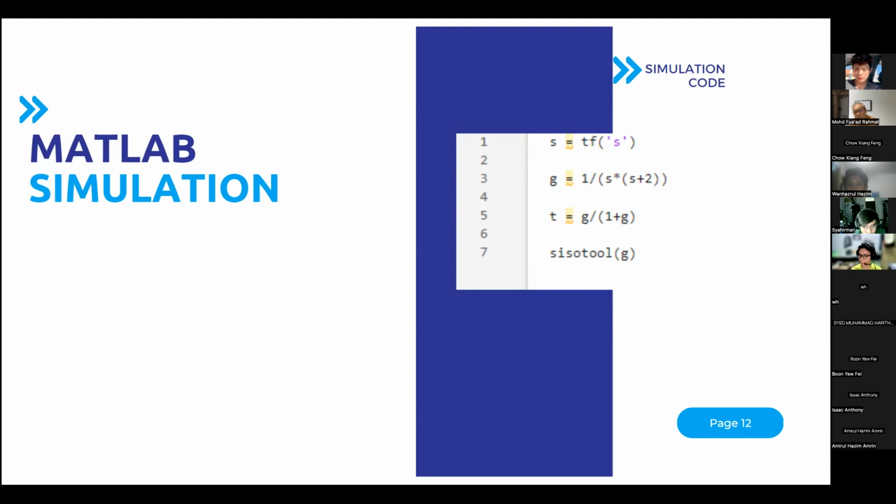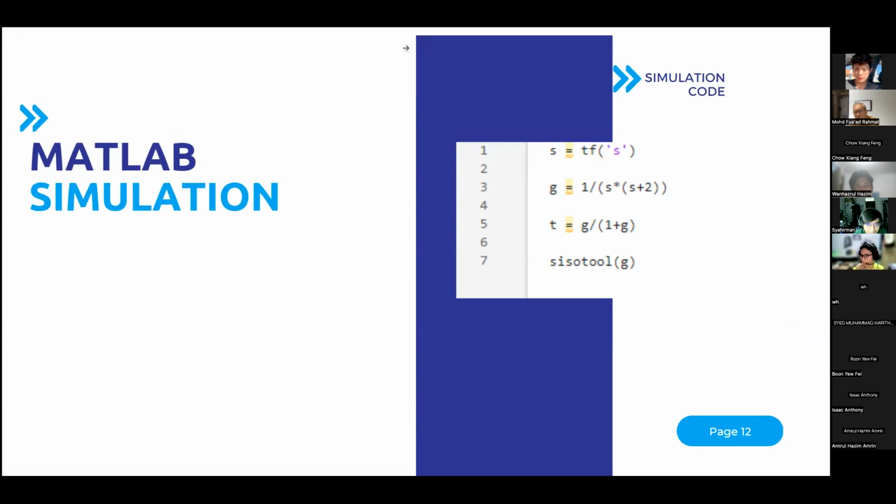What is SISO? SISO. Fazli, what is SISO? System input, system output. Wrong.